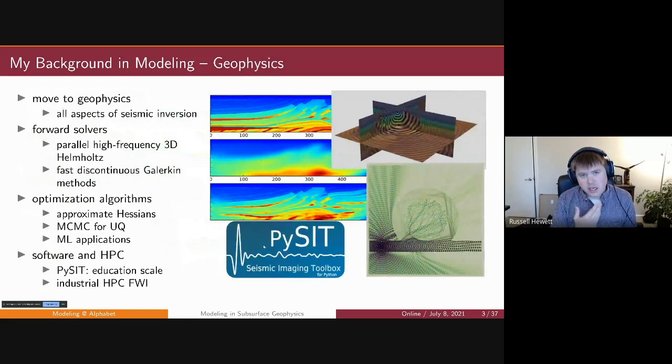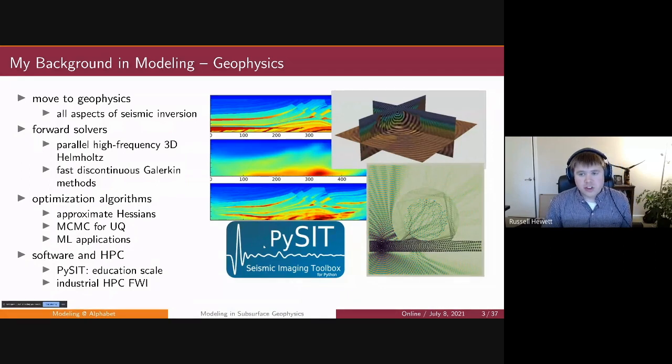After spending about a decade in solar physics problems, I took a 90-degree pivot and started working on problems in geophysics. Again, largely from the mathematics and the computational perspective. I was interested in looking at a lot of aspects of seismic inversion, which is what the bulk of this talk will be about.